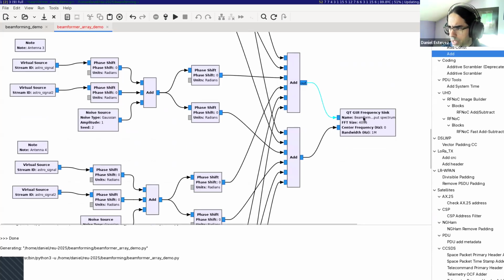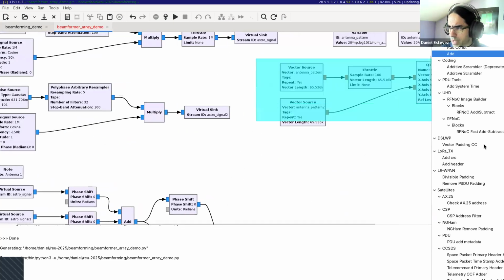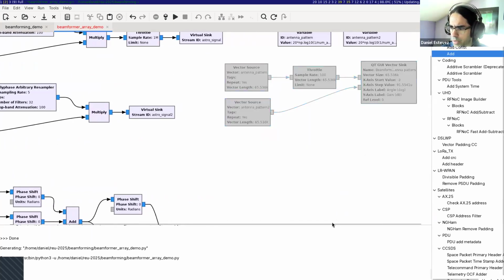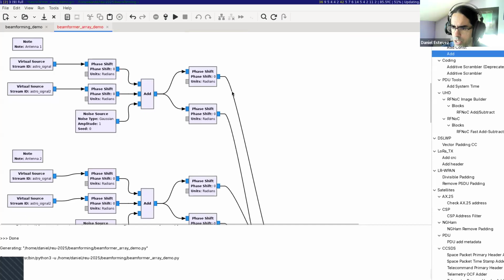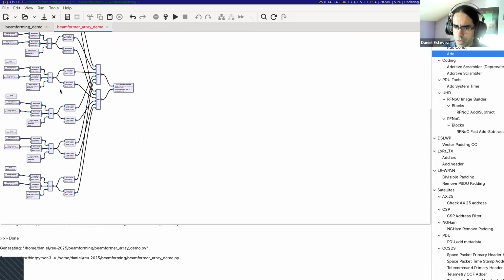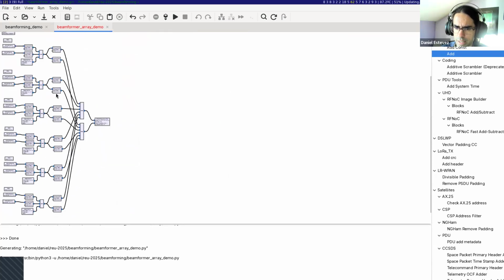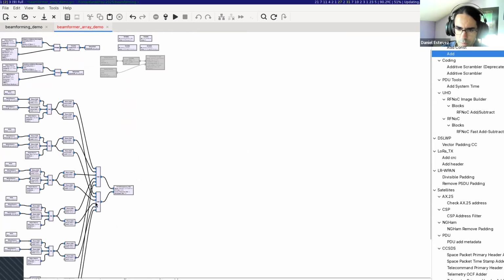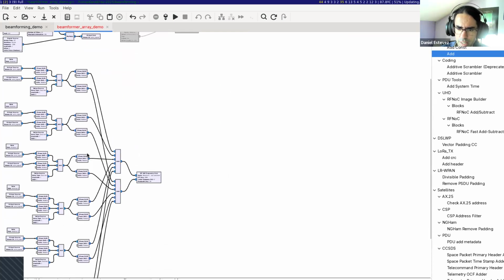And finally, what I'm doing is plotting the spectrum of these two. I'm going to disable this for now. Before running, any questions about the flow graph? Maybe I'm going to zoom out so we can see the whole picture, and see that it's rather large, but not so complicated. I don't know, this may be too small, but hopefully you get an idea of the structure.